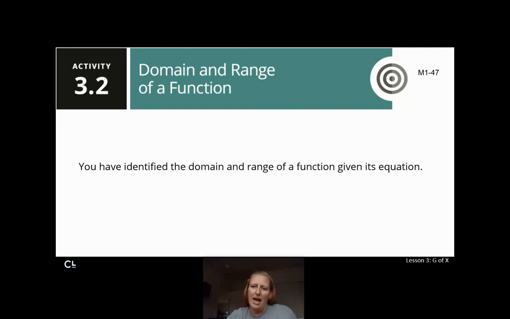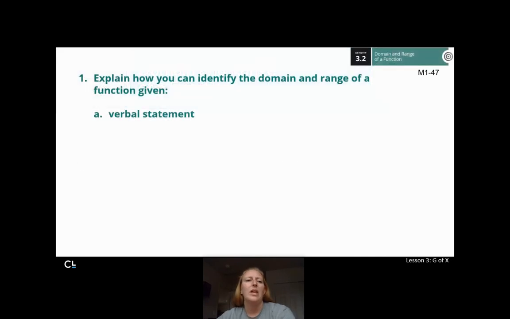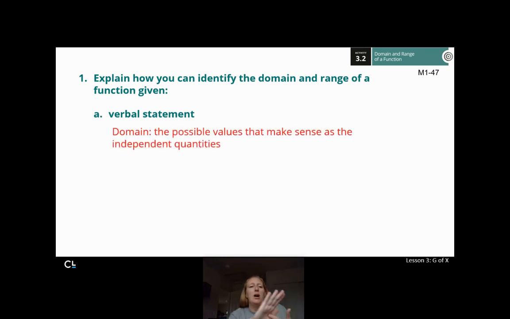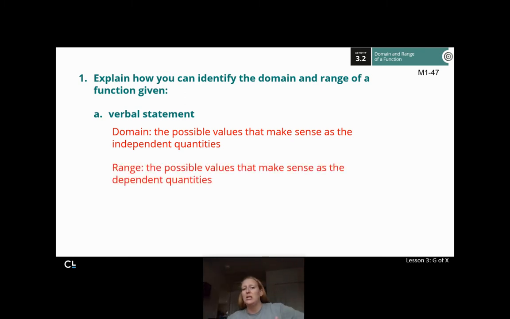I think you've done that in the past, like before this class. But let's talk. There are different ways that you can identify the domain and range, all right? So you can do it using a verbal statement, all right? That your domain would be the possible values that make sense for your independent quantities. And your range is the possible values that make sense as the dependent quantities.